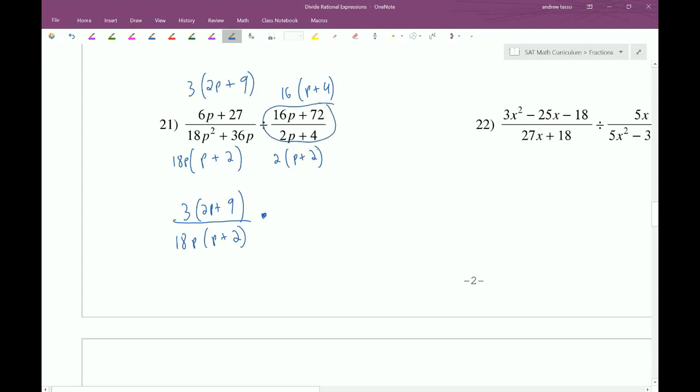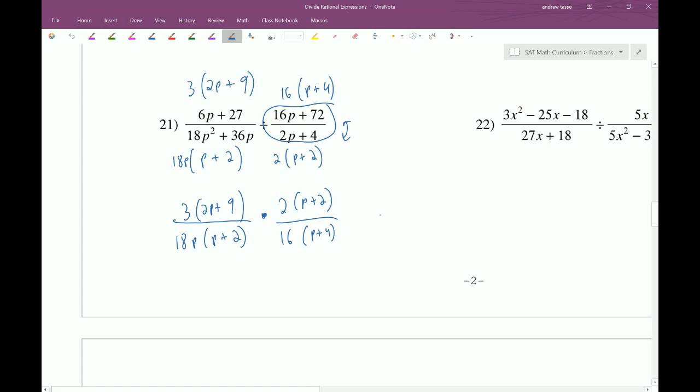Okay, so I'm just going to take the factors and flip them instead. P plus 2 and 16 p plus 4. Okay. Yeah, so what's typically done is this is then written upside down with a times in the middle. But in the interest of saving time, we'll just do so with the factors.